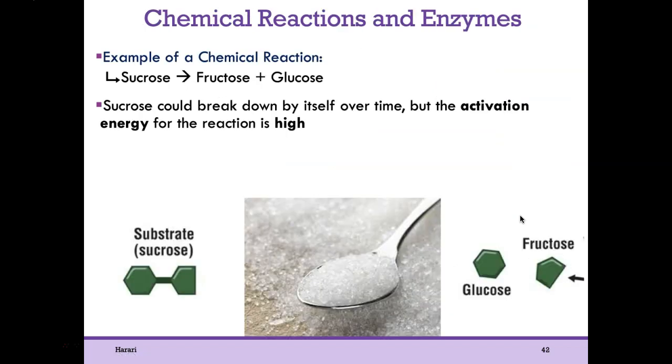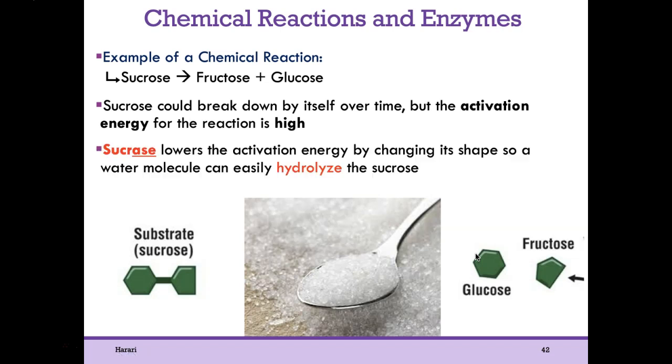So let's give an example. Sucrose is a disaccharide that has to be digested into glucose and fructose. What type of reaction can break this bond here? It could break down a polymer into monomers. Right? Hydrolysis.